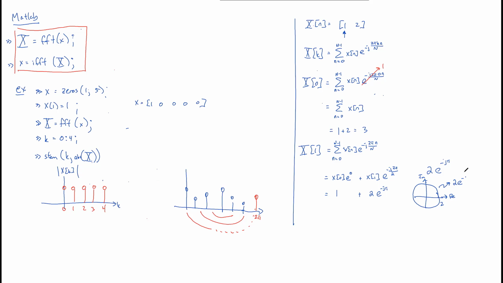What I've drawn here is 2e to the j omega. So our angle here is minus pi, which brings us out to this point. And so that has a value of -2.